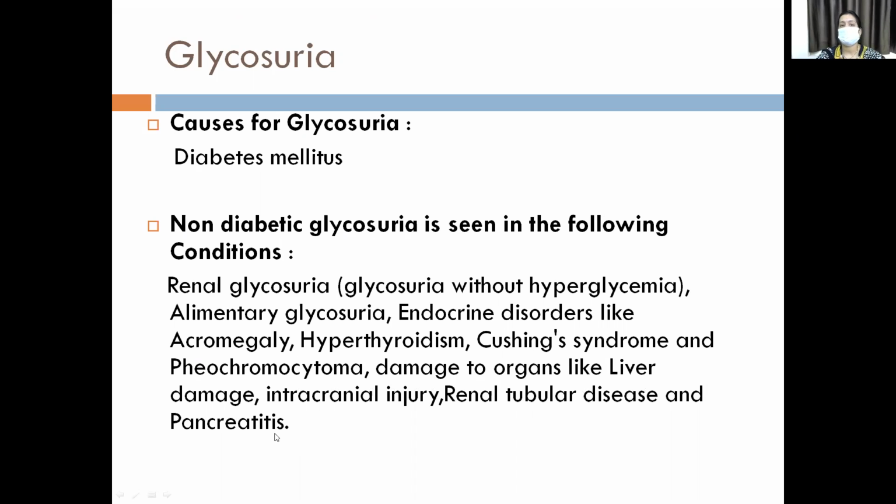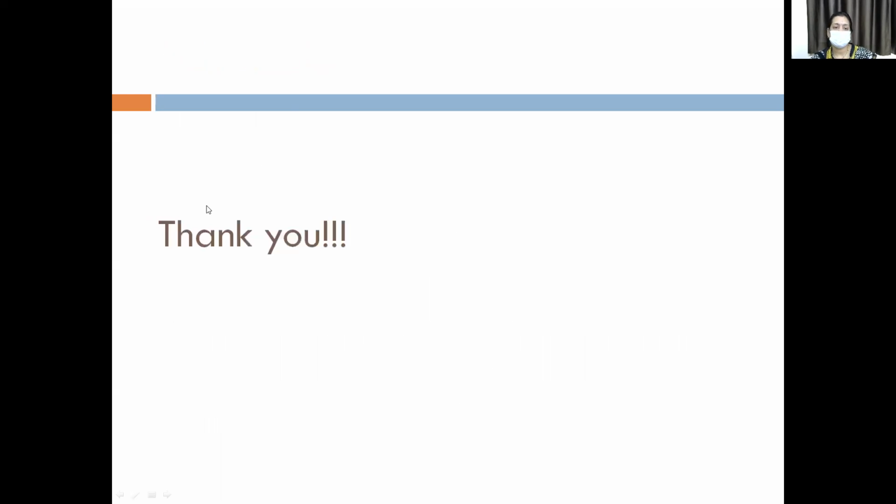Because there are varied non-diabetic conditions with glycosuria, whenever you examine the patient you have to test the plasma sugar along with the urine sugar. You correlate and then state that it is definitely a diabetic glycosuria.